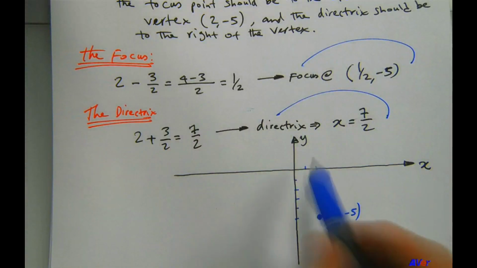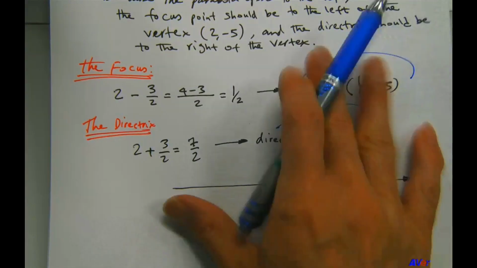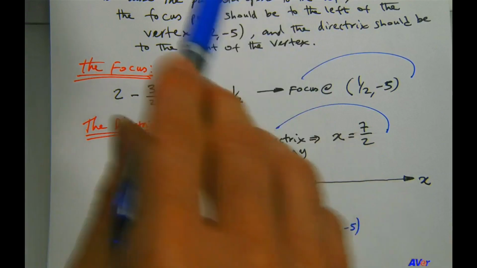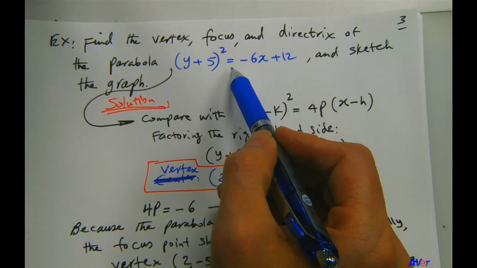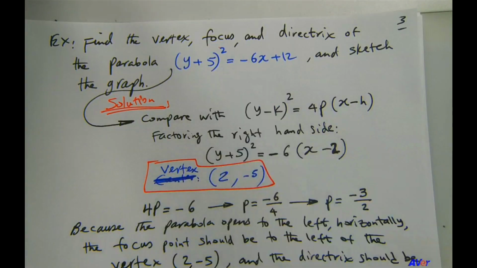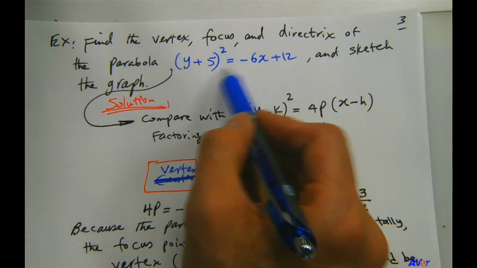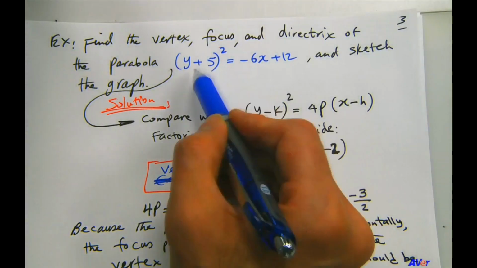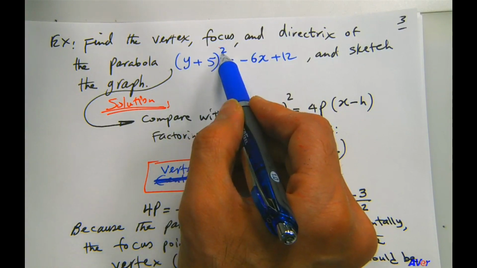And so it's opening. The x-intercepts, or y-intercepts, let's see, for the y-intercepts, we can find the y-intercepts, right? So where does this parabola intersect the x and y axis? We can find that using the x and y intercepts. So if x is equal to 0, we're going to find the y-intercepts. So y plus 5 squared is equal to 0.